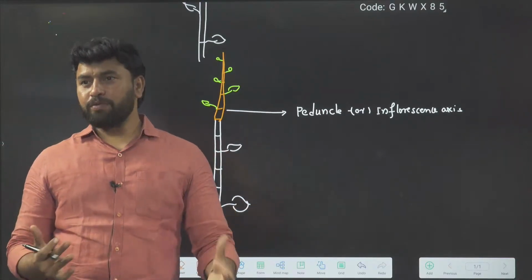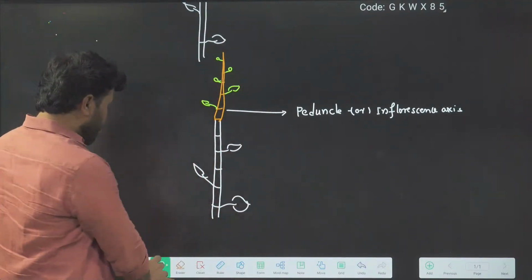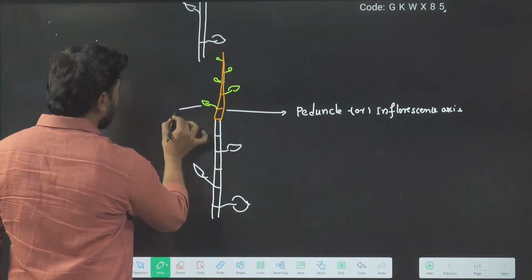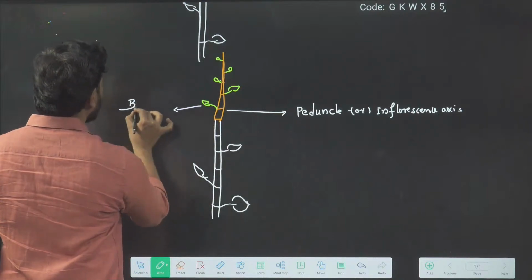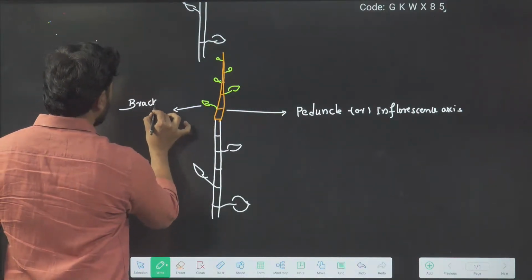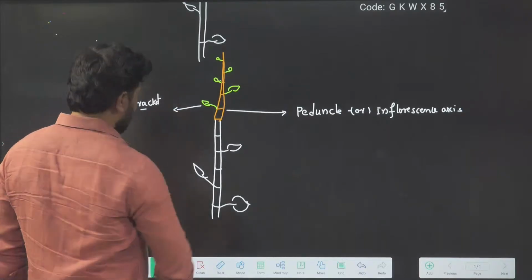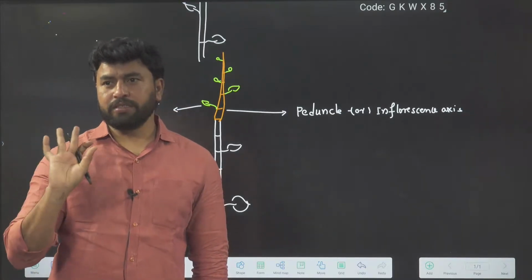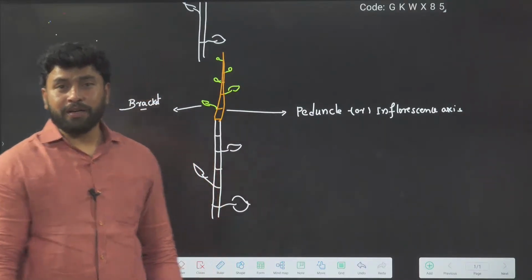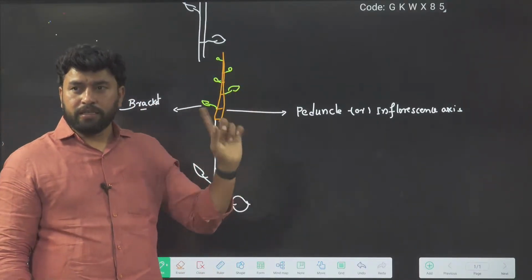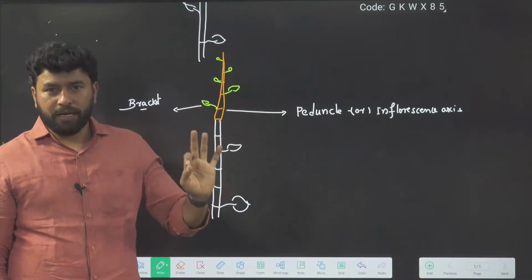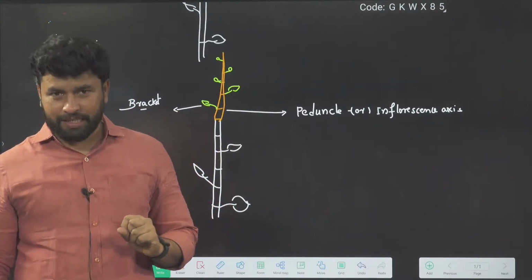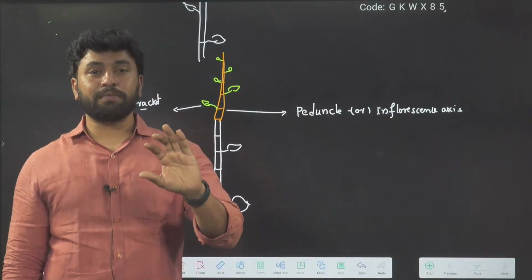The leaf that is developed on the surface of peduncle is commonly called as bract. What do you call that? Bract. If a leaf developed on stem, it is leaf. If a leaf developed on inflorescence axis, it is not leaf anymore, because its work is not to perform photosynthesis. That's why it is mentioned as bract.